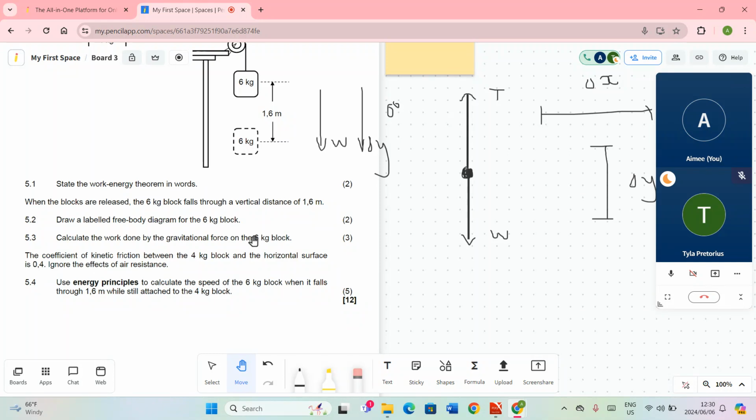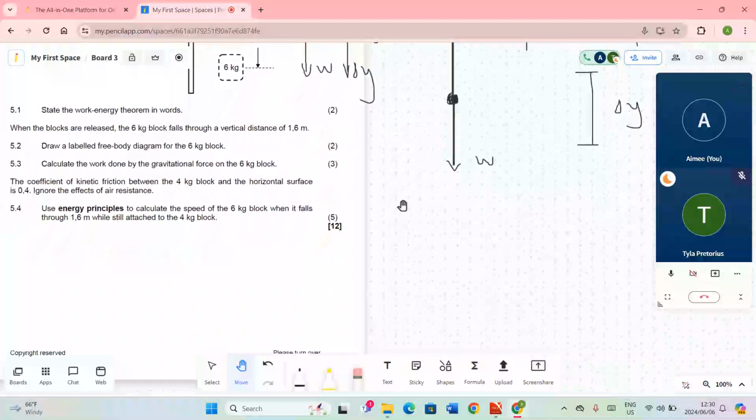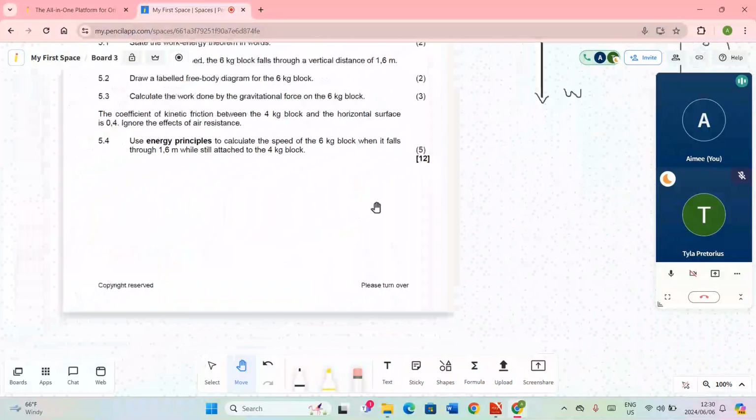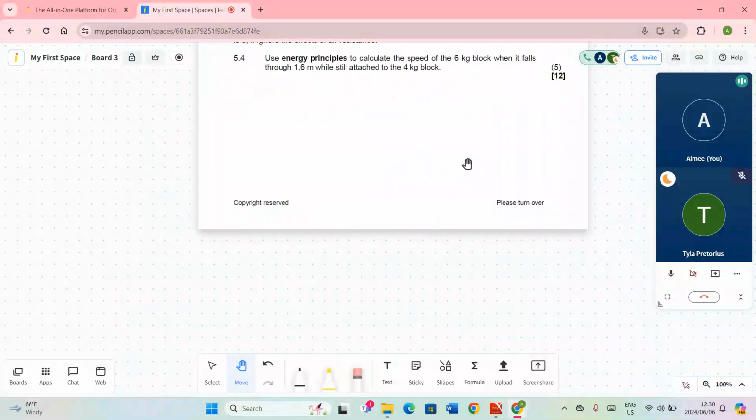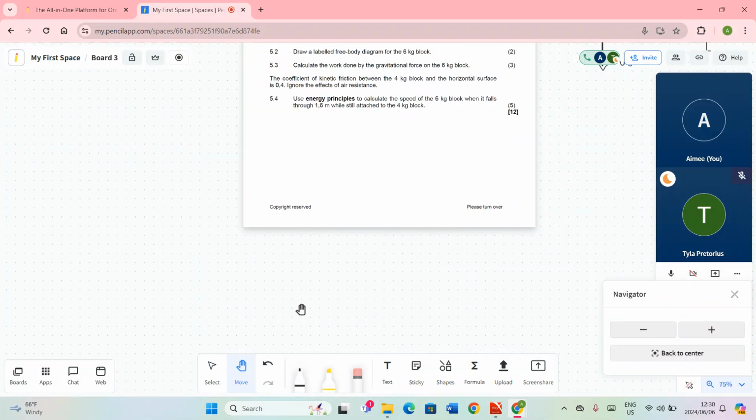So my strategy here is to just use the most basic format of this principle. And the most basic format for me is work net, or the net work done on an object, is equal to the change in that object's kinetic energy.